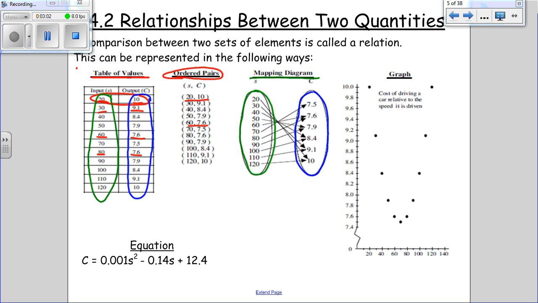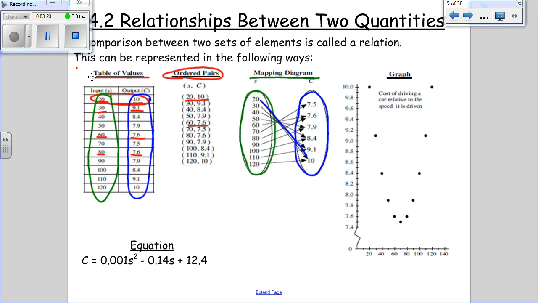And then they use arrows to connect the two things. So they say, if your S is 20, your C would be 10, and they connect it using an arrow. See how it gets a little confusing, a little convoluted in there, and it gets pretty messy. That's why you don't see a lot of mapping diagrams.